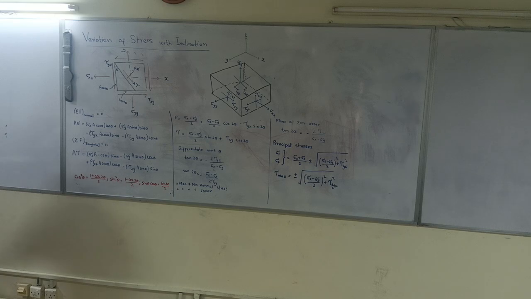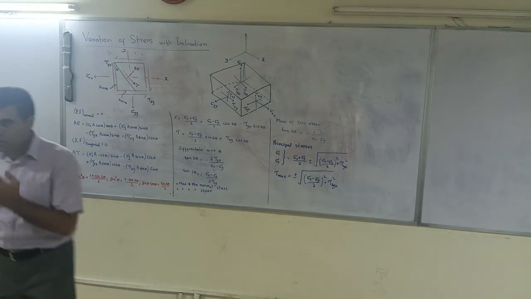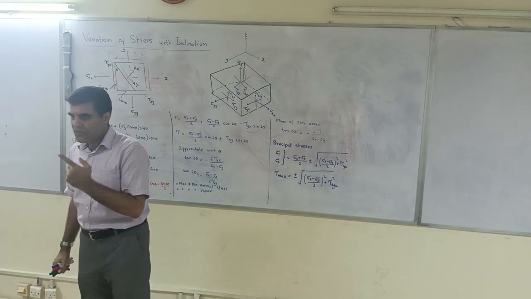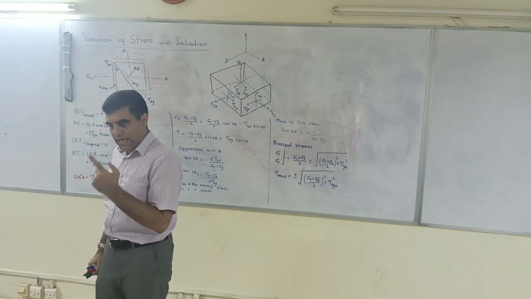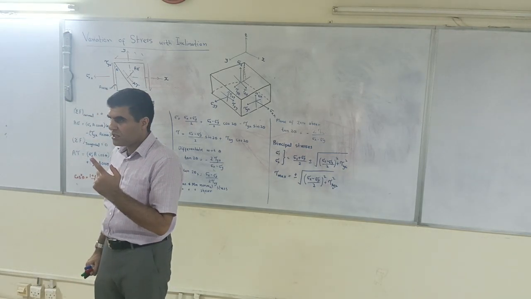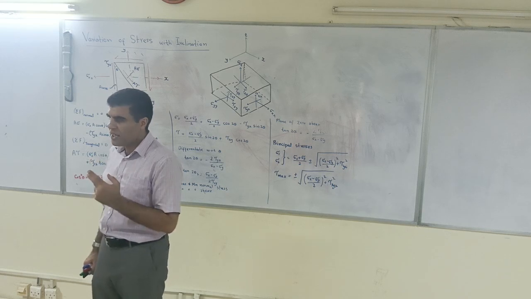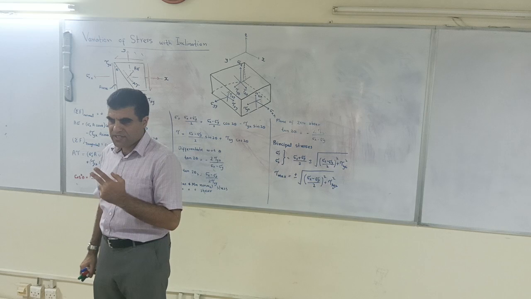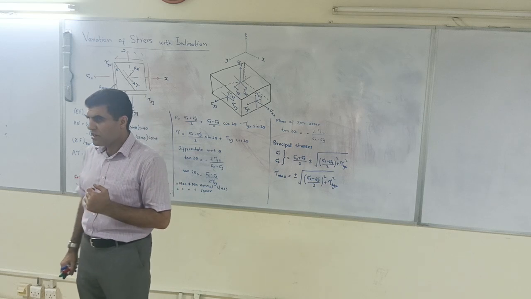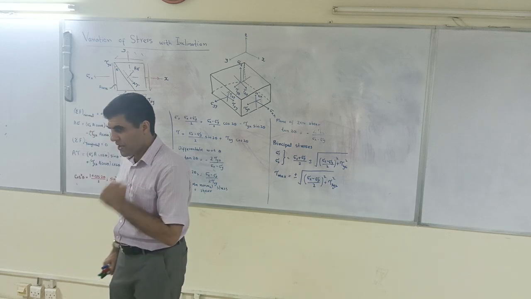Okay, so stress, as I told you, is dependent on two parameters. One is the direction along the axis, and another one is the out of plane axis of the area, the reference area.